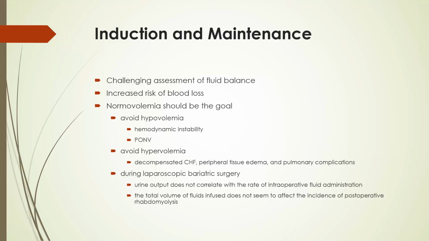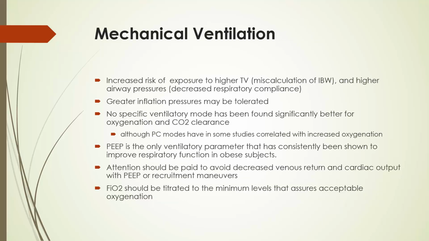Rapid infusion of IV fluids should be avoided because of the potential pre-existing CHF in this patient population. Especially during laparoscopic bariatric surgery, urine output does not correlate with the rate of intraop fluid administration, and the total volume of fluid infused does not seem to affect the incidence of post-op rhabdomyolysis.